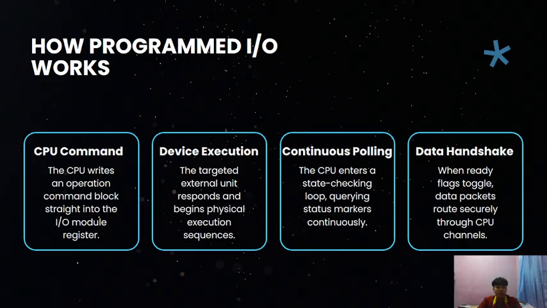Third, the CPU repeatedly checks the device status. This process is called polling. And finally, when the device is ready, the CPU transfers the data through its internal register. The process continues for every input or output request.